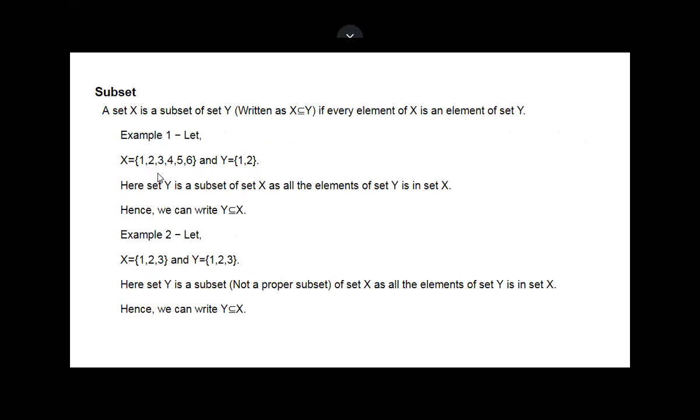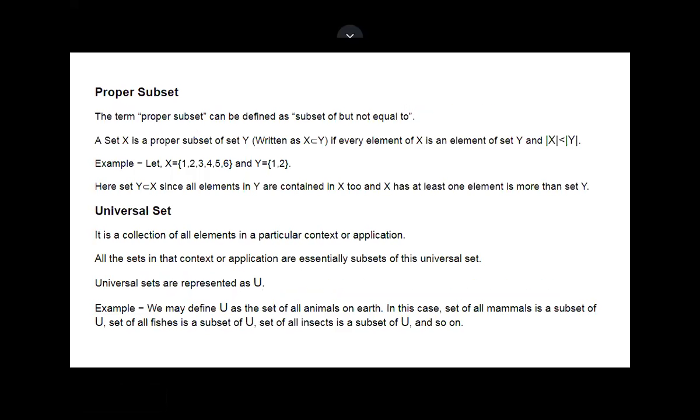So Y is subset of X. Here X is equal to Y, because X is 1, 2, 3, Y is also 1, 2, 3. How we can write it? Like Y is also subset of X and X is also subset of Y. Okay, here is the concept of subset.